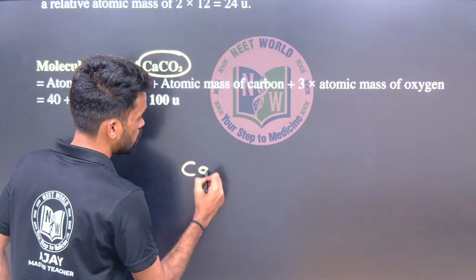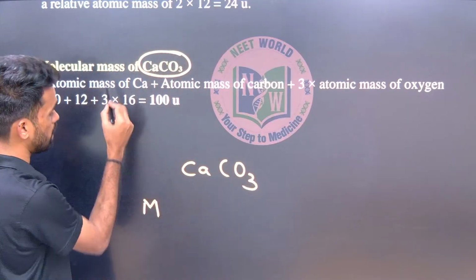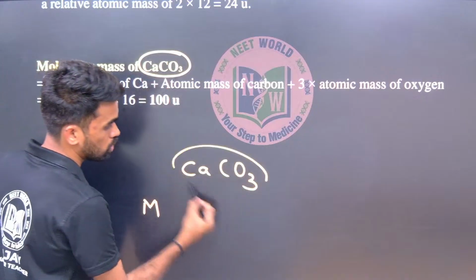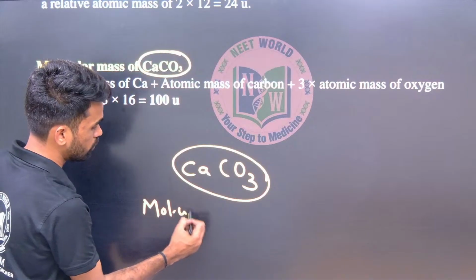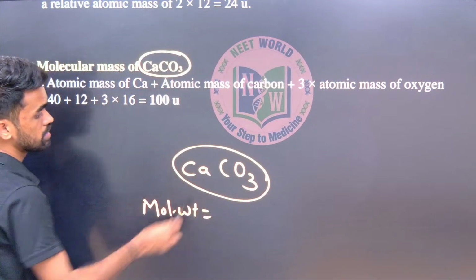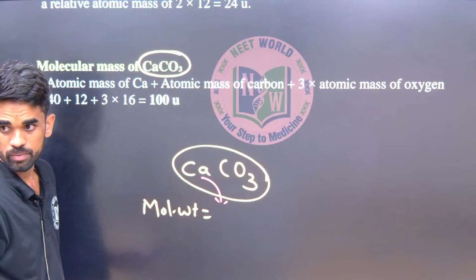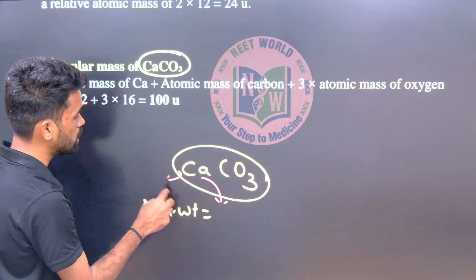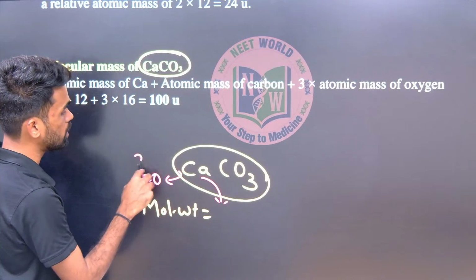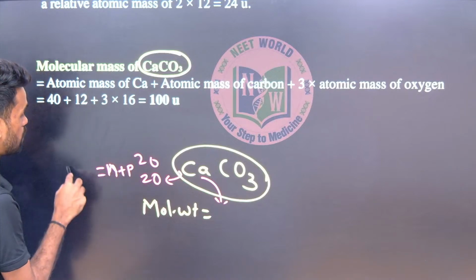If I ask you to find the molecular weight of this molecule, how would you do it? For calcium, what is its atomic number? 20. The atomic number of calcium is 20, so it has 20 protons and 20 neutrons. Neutrons plus protons is its mass number.